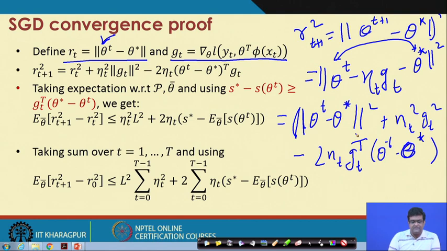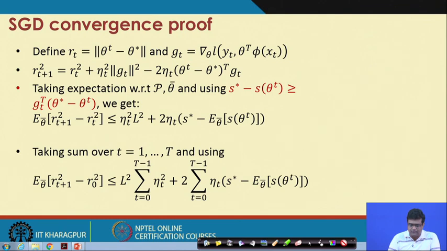Now, this first term is nothing but what we have here, so this is just R t square. Now, we want to bound this term, the expectation of R t plus 1 square minus R t square.